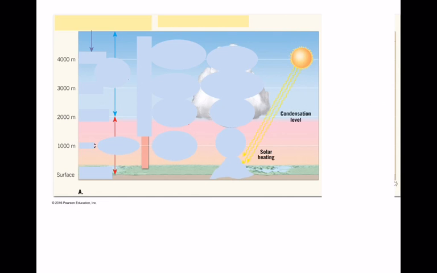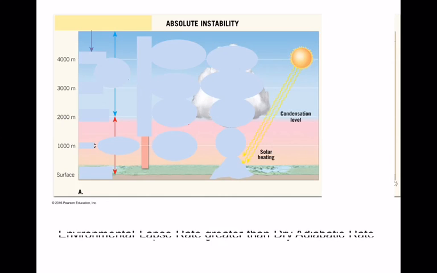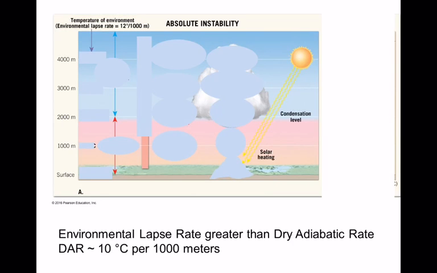So, here's the picture. And it looks like we're doing convective lifting here, maybe. Got the little sun shining on the little patch of air there. This diagram shows you absolute instability or absolutely unstable. Okay. The environmental lapse rate is greater than the dry adiabatic rate. So what your author's chosen is 12. That's cool. The weather balloon, no pun intended, said that as you go up, for every kilometer you rise, it's going to cool 12.